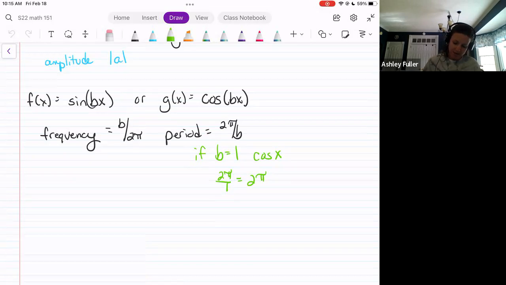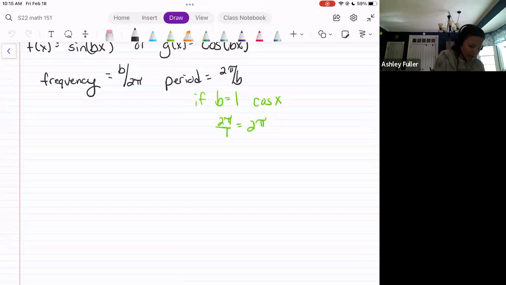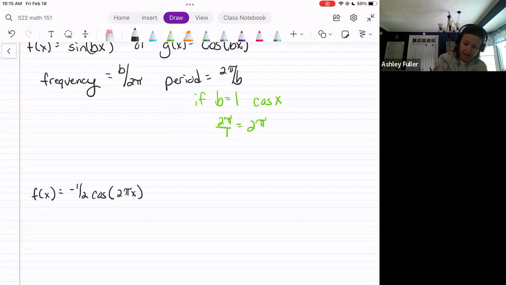But let's consider, what if we wanted to take something like f of x equal to -1/2 cosine of 2 pi x. Based on these values we just determined, we know that the amplitude is going to be the absolute value of -1/2, or just 1/2.